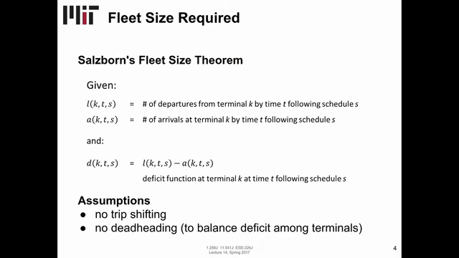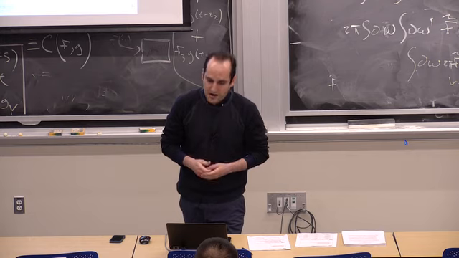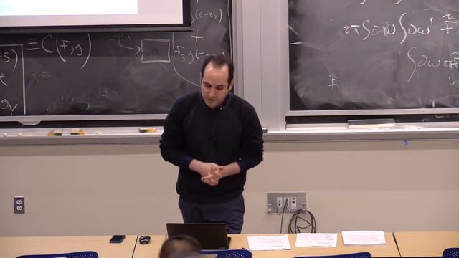There's a famous theorem in the literature that deals with an estimation of the fleet that is required. It is basically an upper bound to the number of vehicles required to deliver the service.